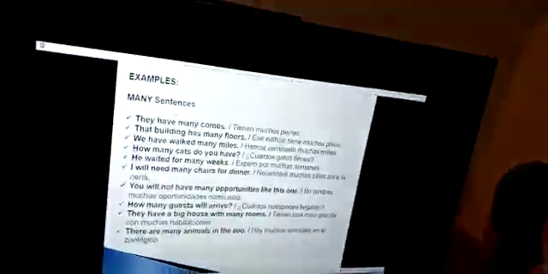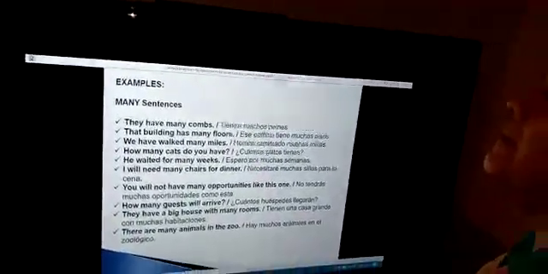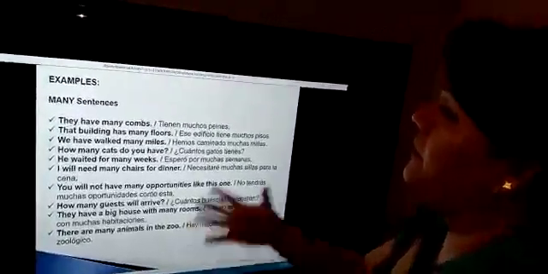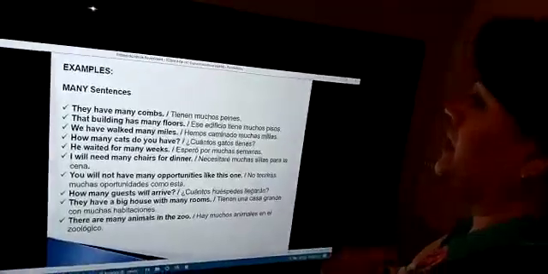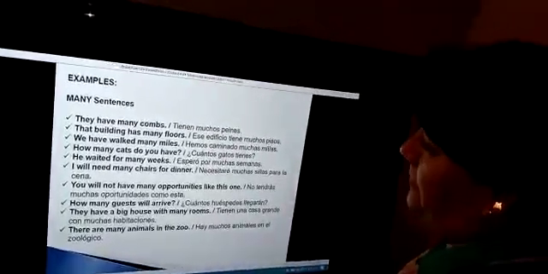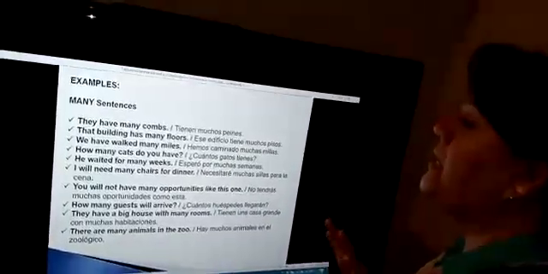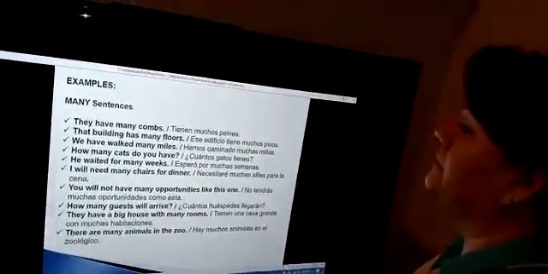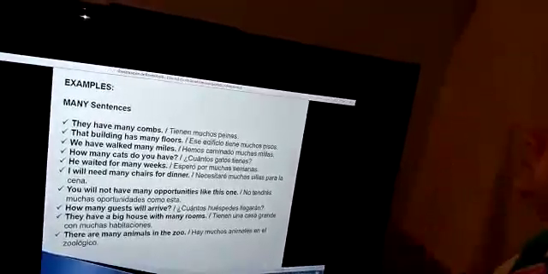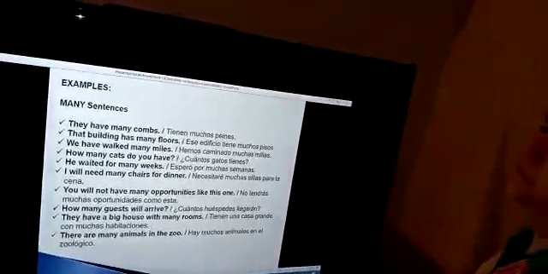Look at the example. Right here the example is many sense. Okay? And the example is English and Spanish. Many is the word. Let's see. They have many combs. In Spanish say, tienen muchos peines.